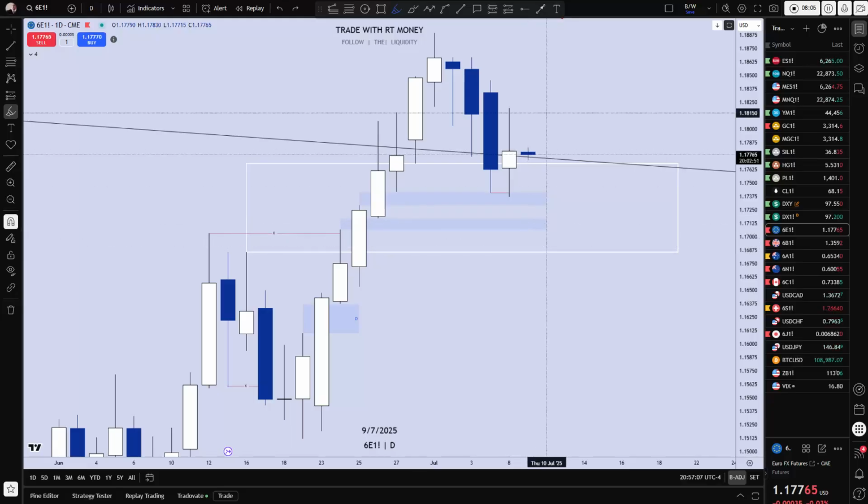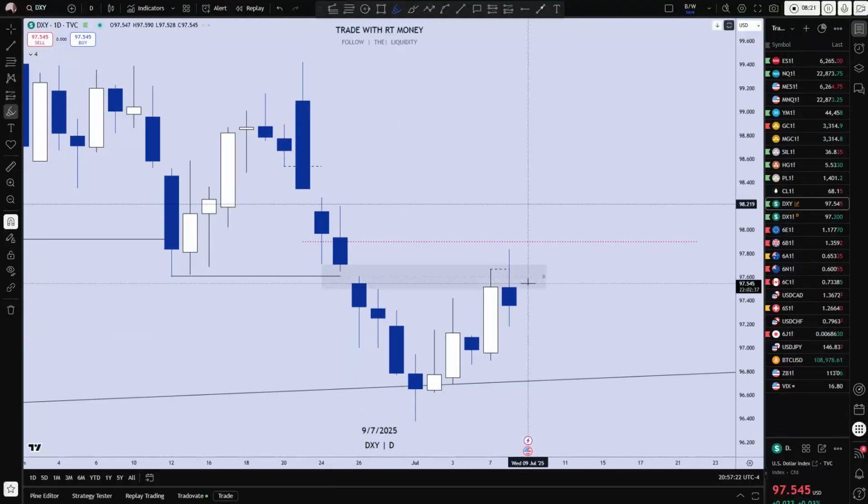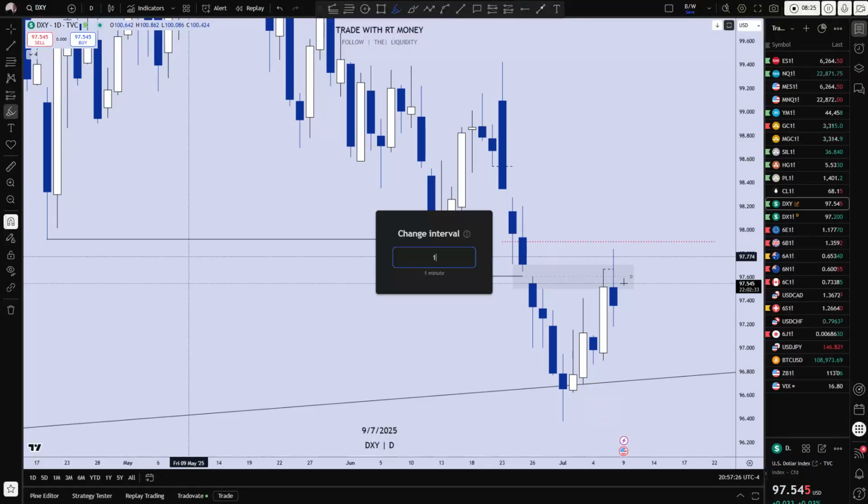Now, I want you to pair this with something. Look at this line. Look at the muted reaction to it. All right, with the euro, and with that in mind, I want to take you over to the U.S. dollar index. All right, now with the U.S. dollar index, let me go here.